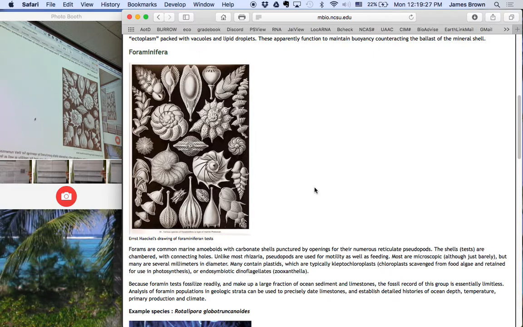What that means is a geologist can take a limestone, know exactly where it fits into the stratigraphy, treat it mildly with acid, separate out the shells, and look at them. And you would be amazed at the kind of information you can determine about the ocean environment that limestone formed in from these things.